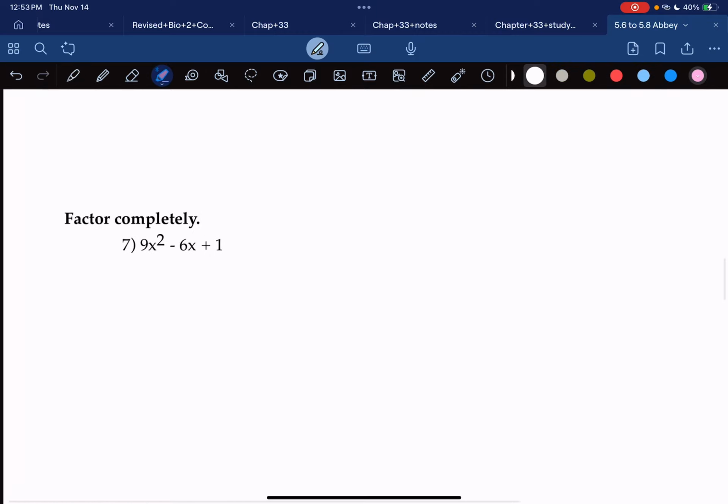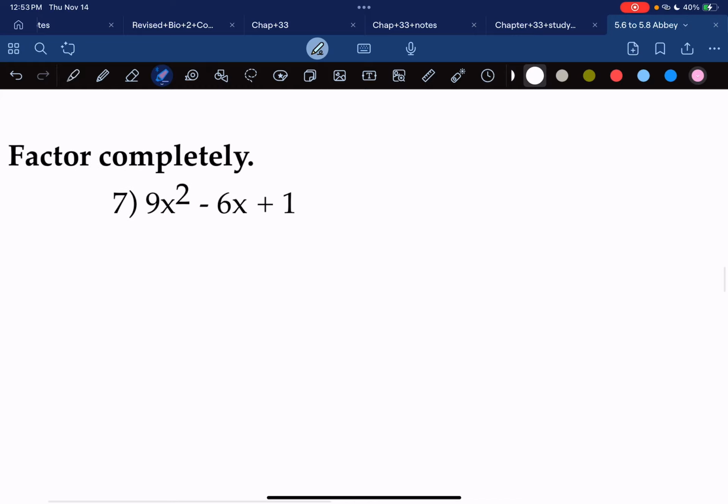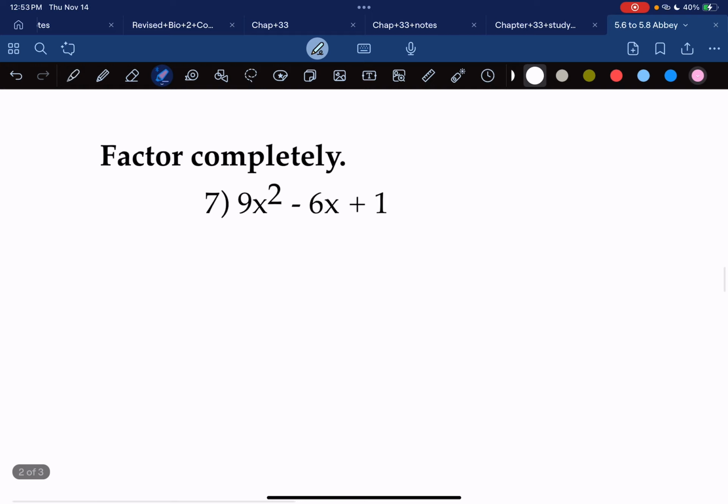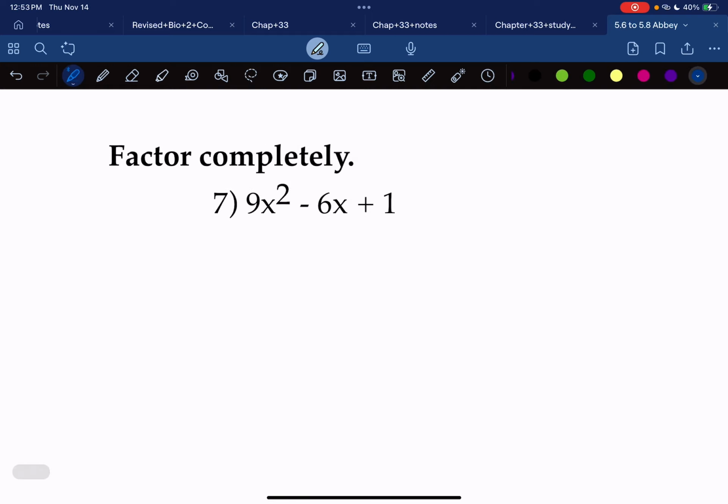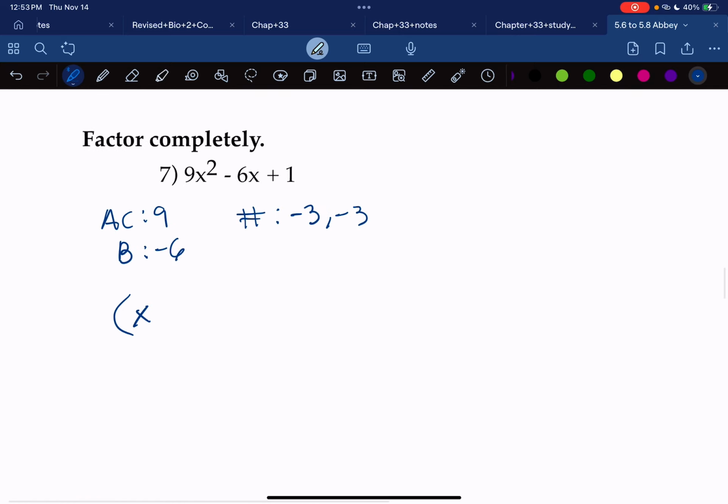Now we're going to do number 7. Factor completely, just as we've always done, a, c, and b. Can we take anything out of this? We cannot factor anything out just because of the 1. So ac is 9, b is going to be negative 6. What can multiply to be 9, positive 9, and add up to be negative 6? That's going to be negative 3 and negative 3. x plus blank over blank, x plus blank over blank.